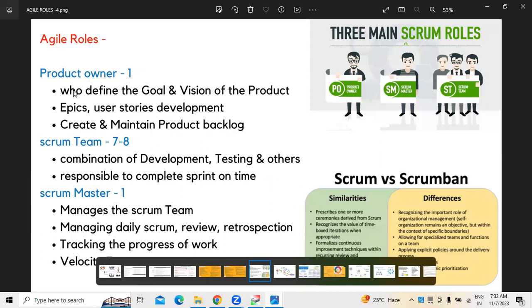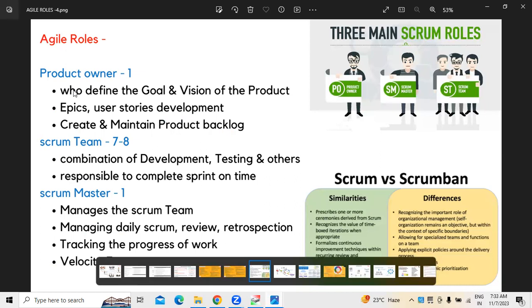Because there is a line of difference between the role of a BA and a product owner, please listen carefully. If you are a BA, your focus is to understand the business problem and provide solutions. That's it. You will be confined only to that. But if you are wearing a hat as a product owner, right?